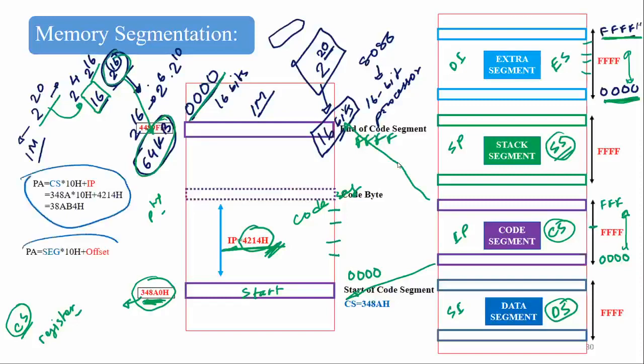If you are in chapter 2, you multiply 2 into 10. Now you are in the code segment, which is equivalent to 3481, which Rahul was discussing, the first 4 bits. That will be multiplied by 10H, and then you will add the IP. IP is equivalent to the specific page number where you are now.